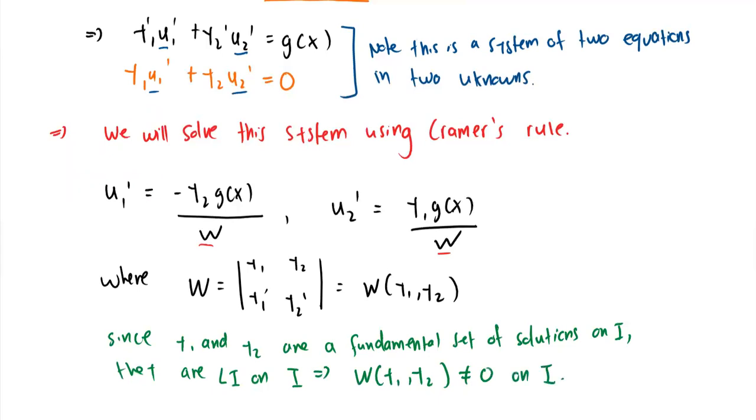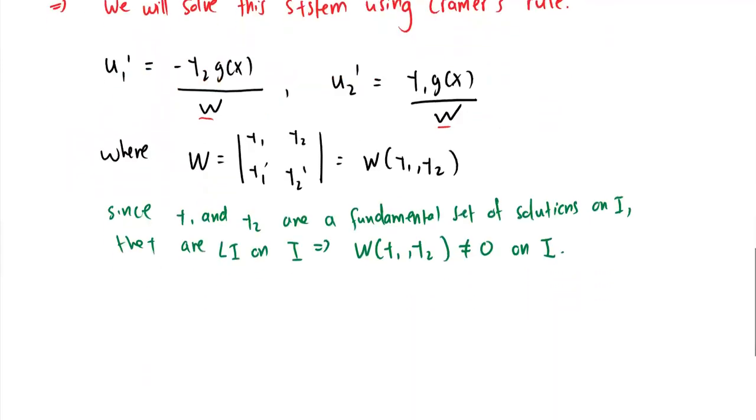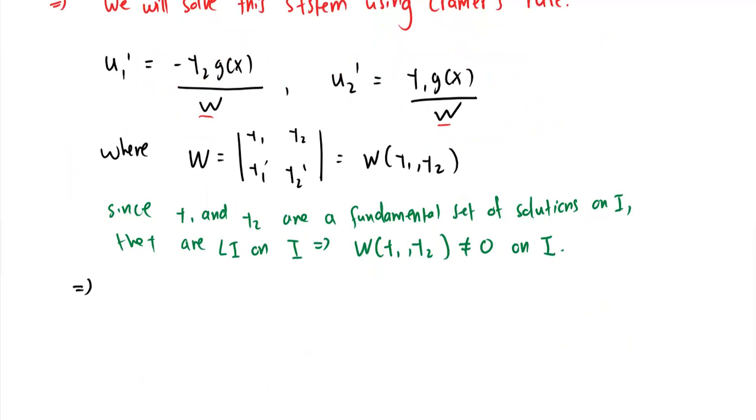So these are the solutions, because now we have u1 prime and u2 prime. Just integrate to get u1 and u2, which implies you can find yp.